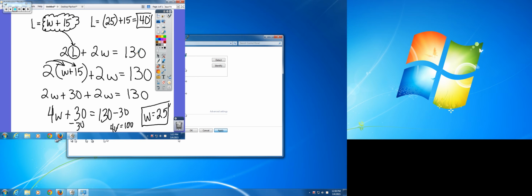And that would give you what? 4 going into 130 is 32. So it'd be like 32 by 32 if you wanted to do it that way.